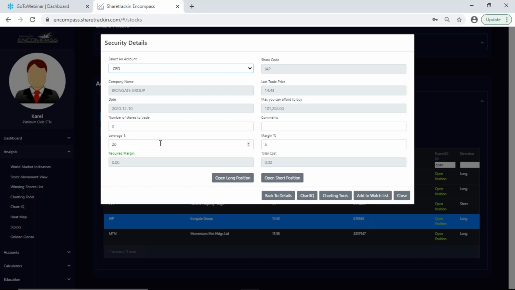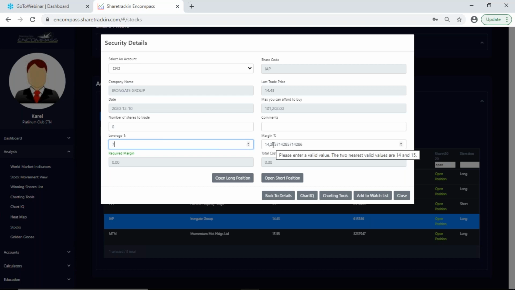FNB would give you a ratio of 1 to 5. So for each 1,000 Rand I put in, they would make it 5,000 Rand. Keeping that in mind, I would rather look at Standard Bank or IG for the reason they give me better gearing ratios. So let's use a general example and say, okay, we are going with Standard Bank. So I would insert my leverage at 7.